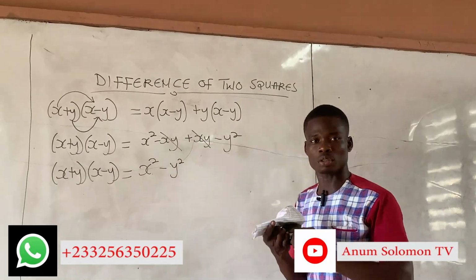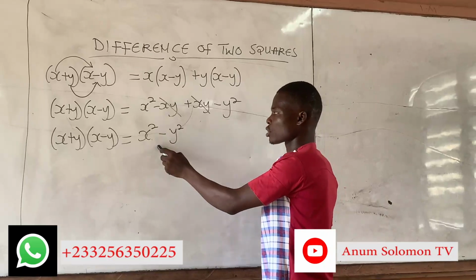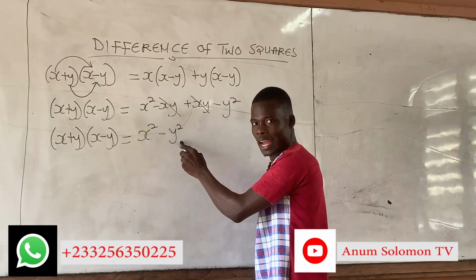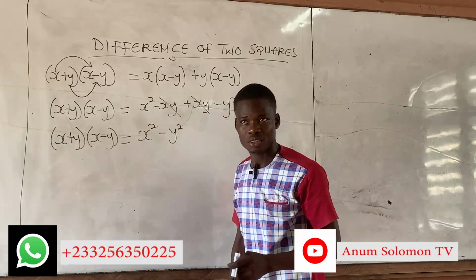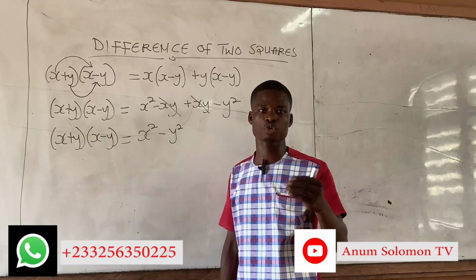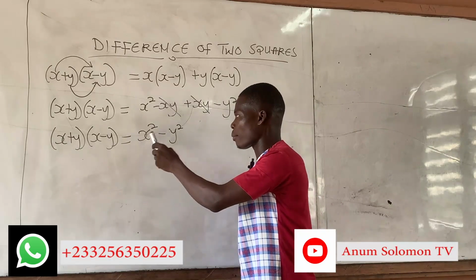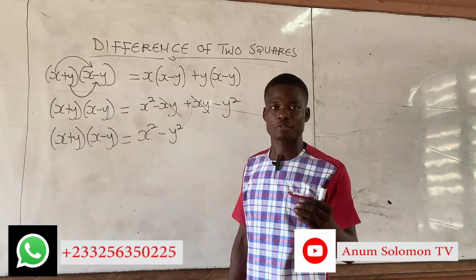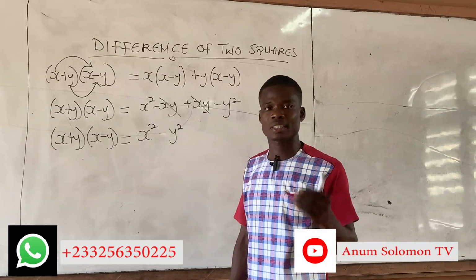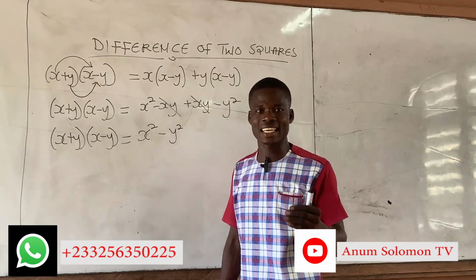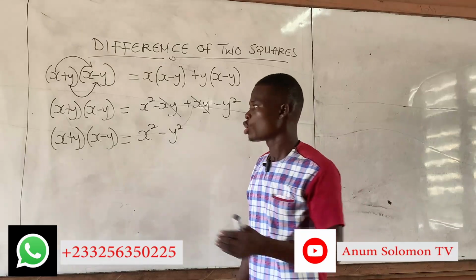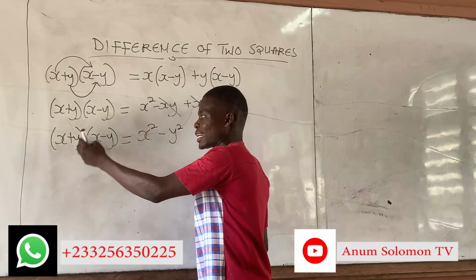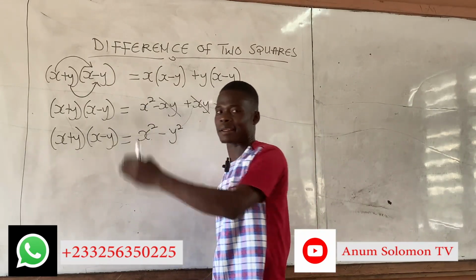So this result, x squared minus y squared, is called difference of two squares, which is identically equivalent to (x plus y)(x minus y).